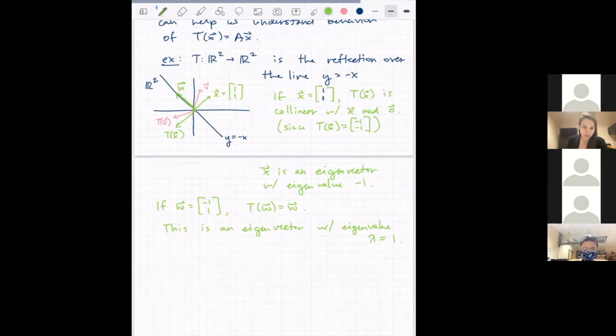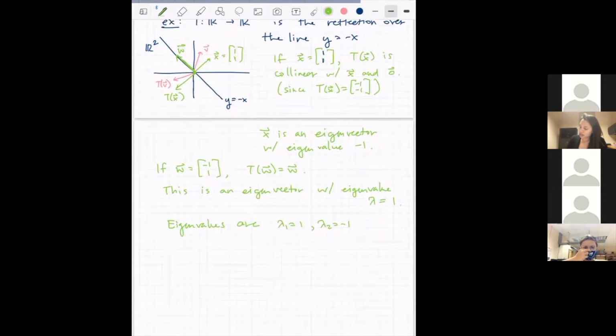So what we get is that the eigenvalues are lambda 1 equals 1 and lambda 2 equals -1, just to differentiate them. And E lambda 1, which is the eigenspace for lambda equals 1, is the span of, what was it, 1, 1?